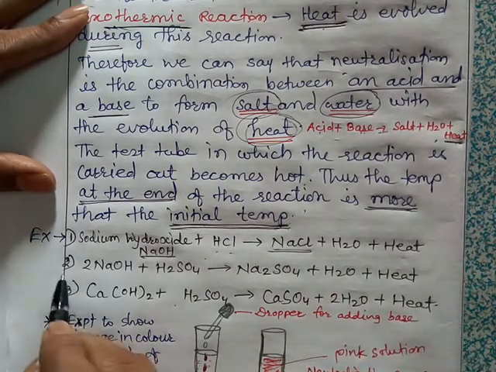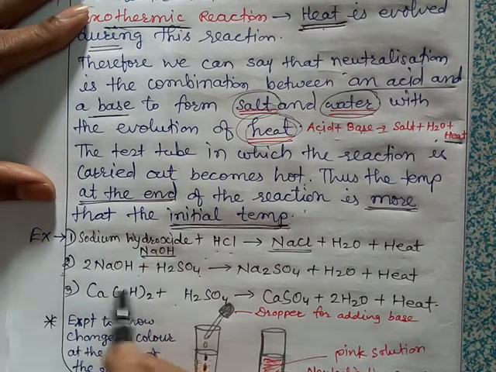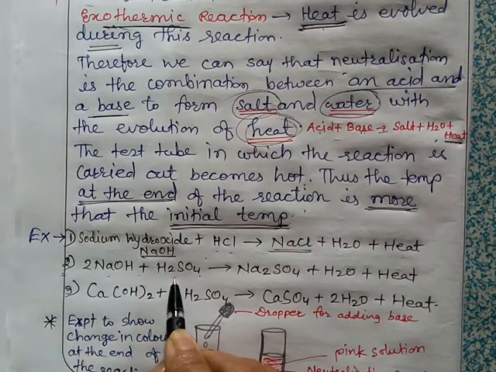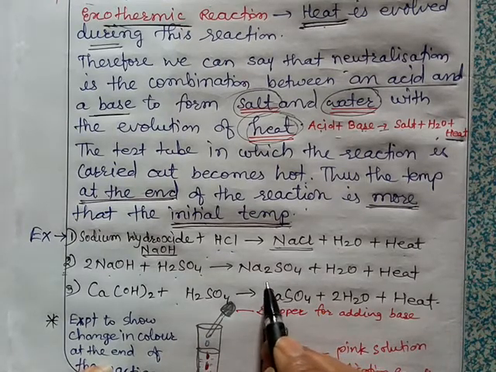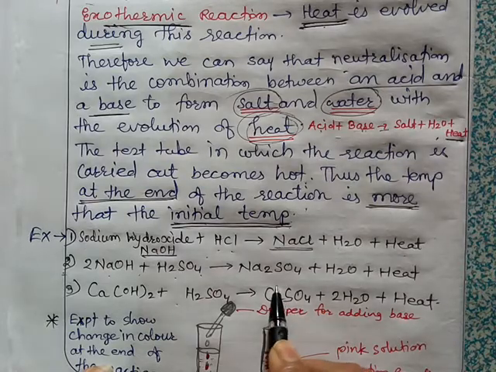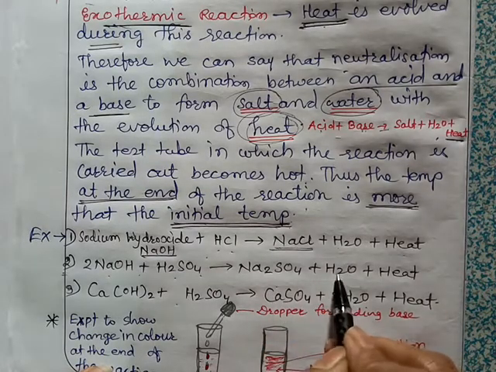Then the second example is 2NaOH plus H2SO4. Here NaOH means sodium hydroxide, H2SO4 means sulfuric acid. When they are added, we get sodium sulfate and water and heat.